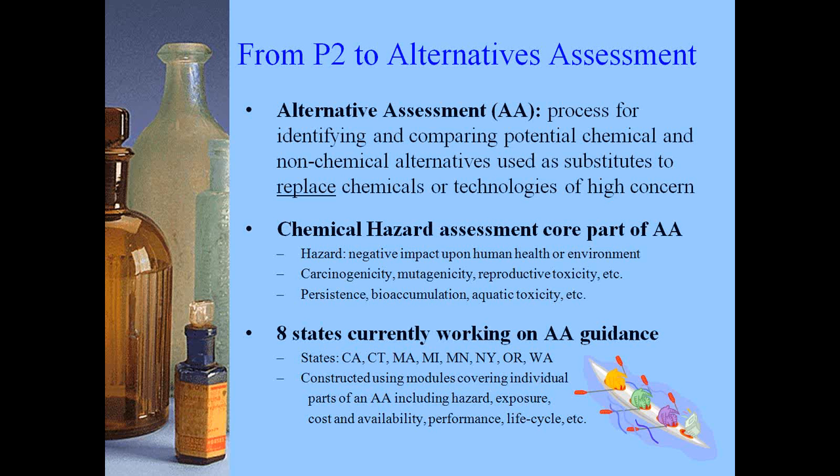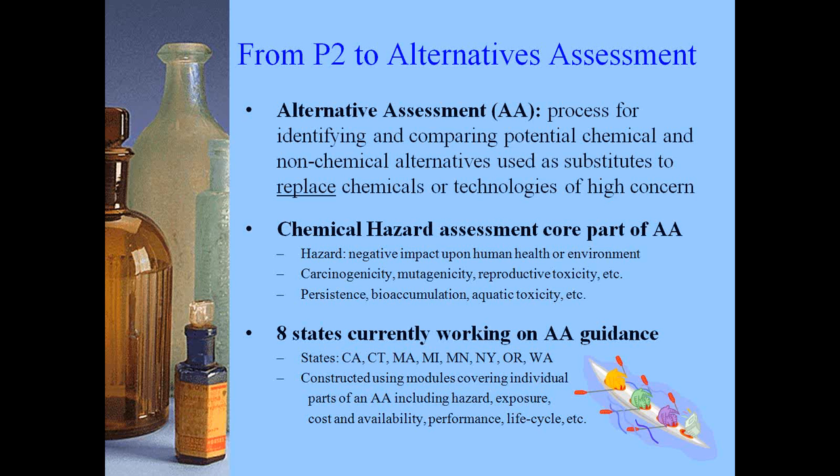So I know in Washington State, for example, when we looked at flame retardants, particularly decabromodiphenyl ether, potentially used in upholstered furniture, we found that you could actually build upholstered furniture by putting in cloth barriers that eliminated the use or the need for flame retardants. So that was one way that you could actually reformulate or reconstruct the product so that you didn't have to add chemicals to it at all. And that was actually the preferred alternative that we identified for that particular use.